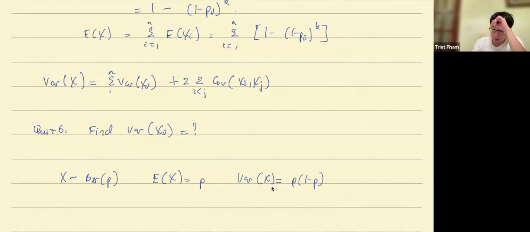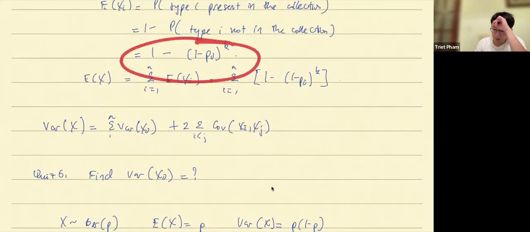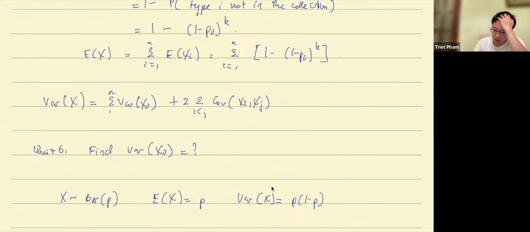And so whatever the expectation of X is here, which is this number, we just have to multiply it by 1 minus that, and we get the answer. So we can say something like qi times 1 minus qi, where qi is 1 minus pi, to the power k. Okay, so far. So that's the easy part.